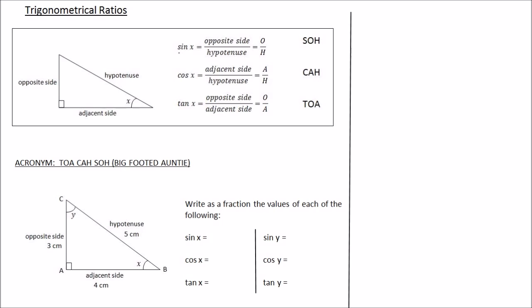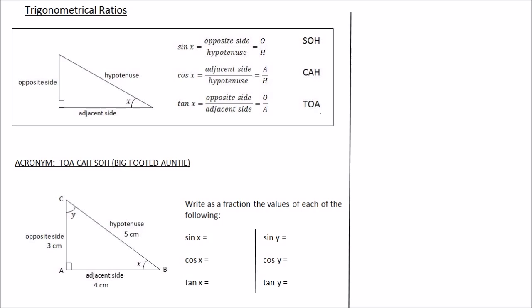From the letters S, O, and H, I can form the acronym SOH, or SO. And from the letters C, A, and H, we have the acronym CAH, car. And TOA from the acronym TOA.